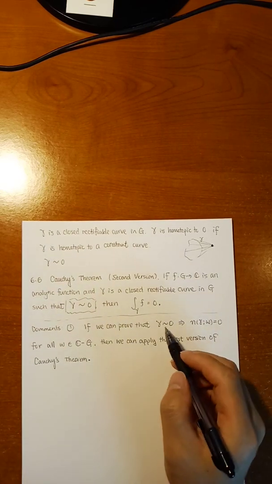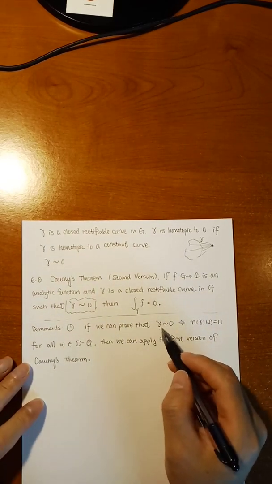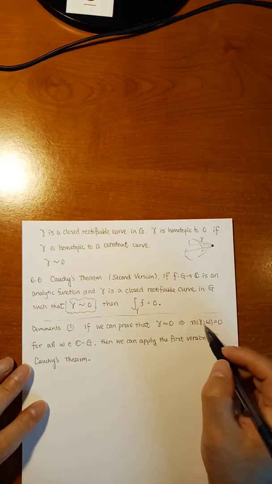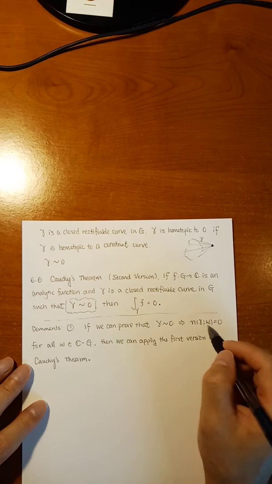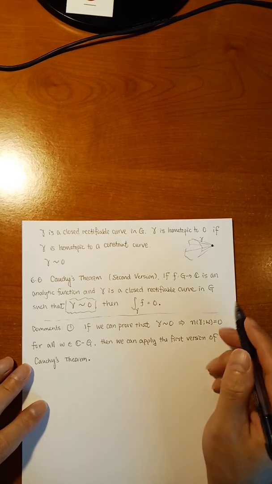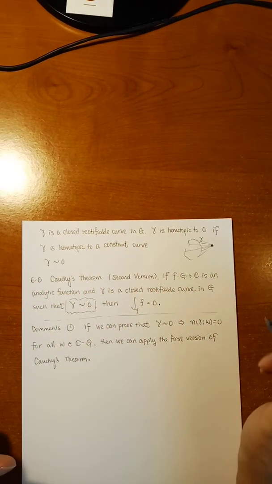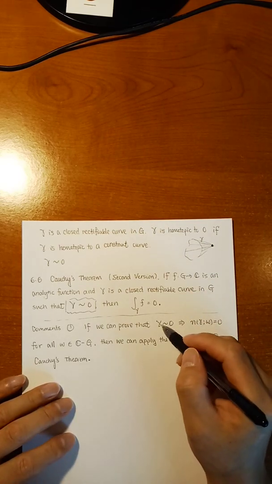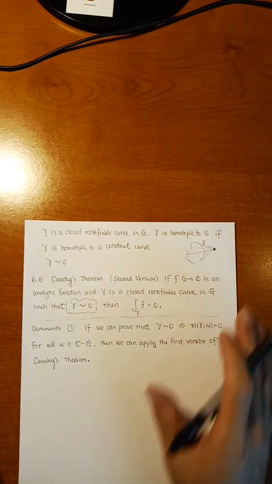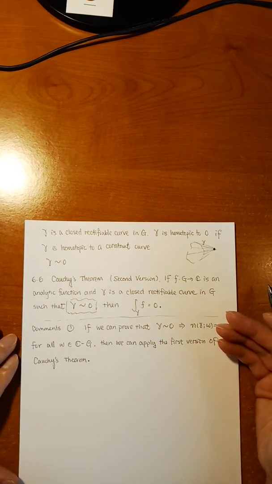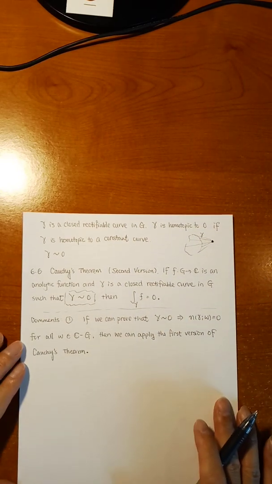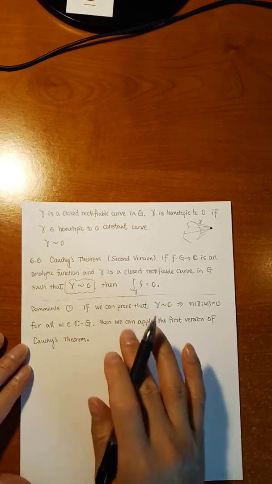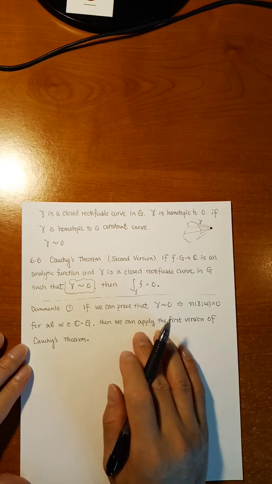The advantage of this homotopy version is that sometimes it's straightforward. Sometimes you don't know whether a winding number is equal to 0 or not, like if you have several curves. But for the homotopic version, possibly you can observe if it is homotopic to a constant curve or not. Okay, so that's one possibility. This is one way to prove it.